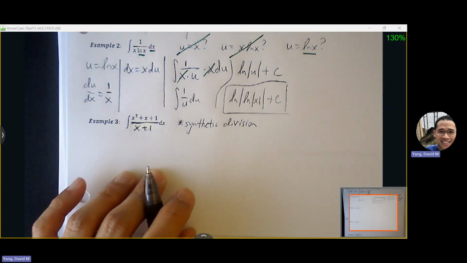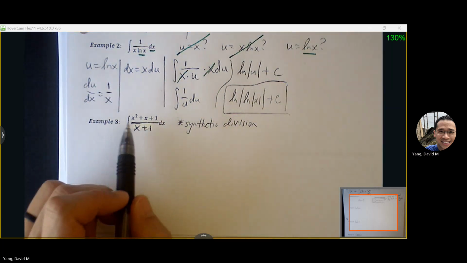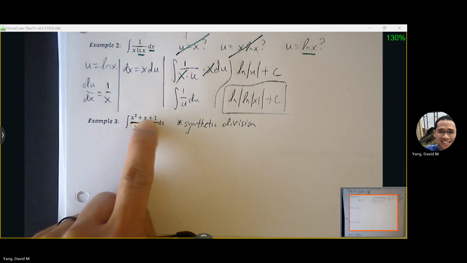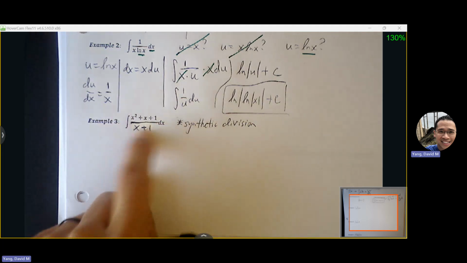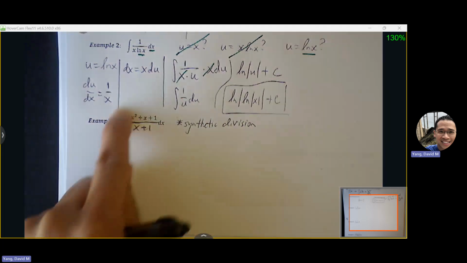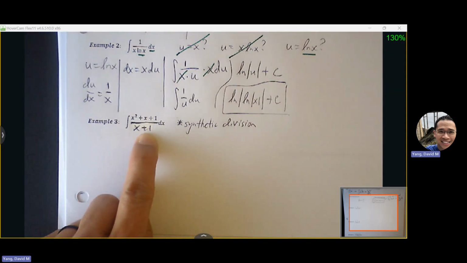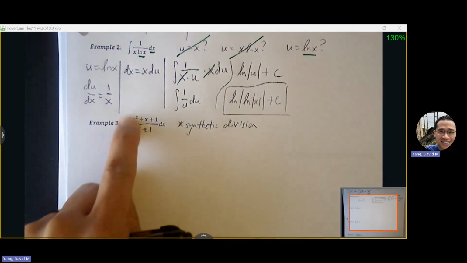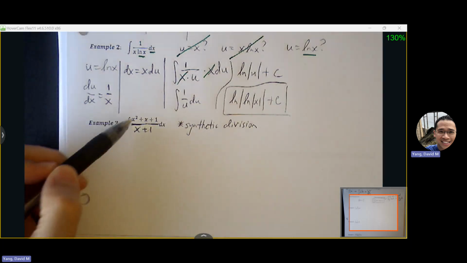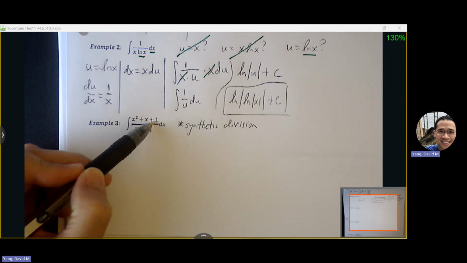So for a synthetic division problem, first off, there are no fractional exponents. If you see fractional exponents, you know it can't be synthetic division. Synthetic division has a certain look to it where it's like x plus 1 or x plus 3 in the denominator, and all the exponents are positive integer values, like x cubed plus 2x squared plus 3x, right?